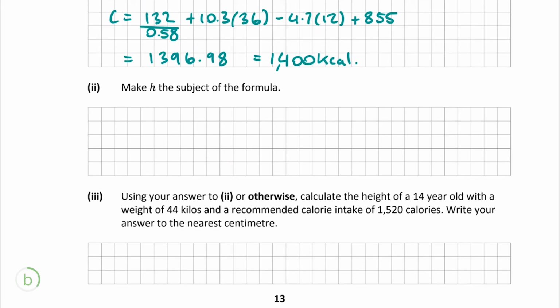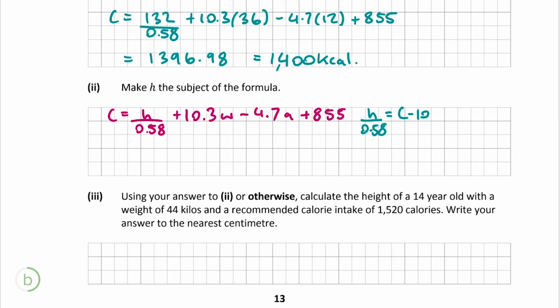In part 2, we're asked to make H the subject of the formula. Now first of all, I'll rewrite the formula we're given, just to make things easier. Now since we're asked to find H on its own, we need to move everything else to the other side, and we'll worry about the fraction later. Now to move 10.3W over to the other side, we take it away from both sides.